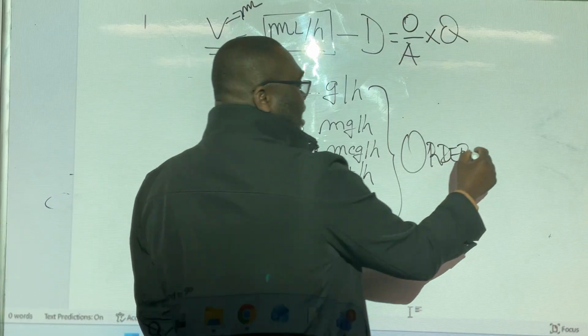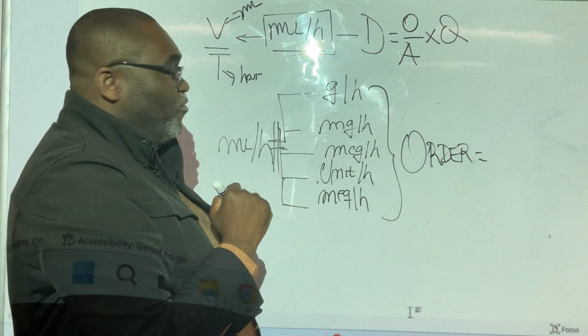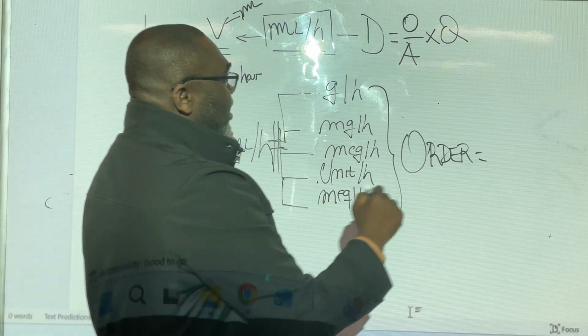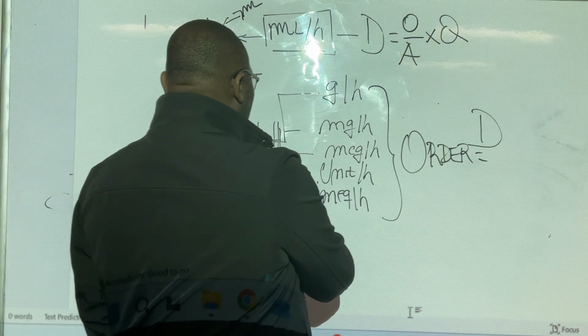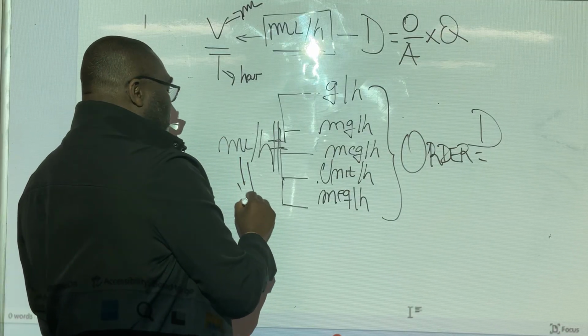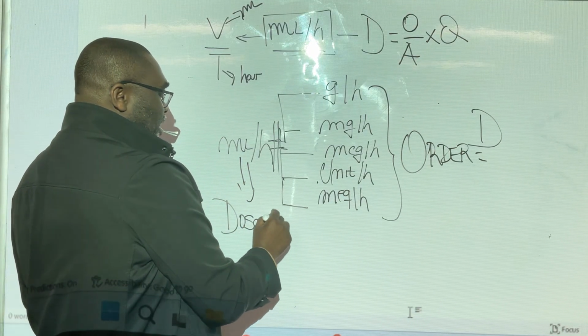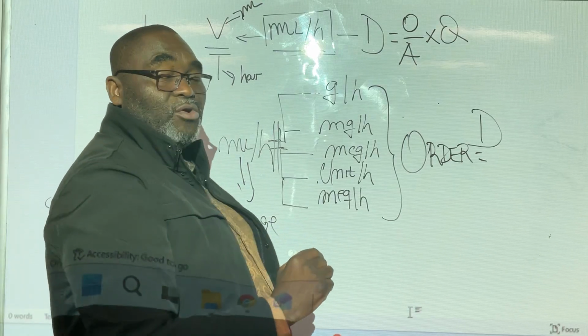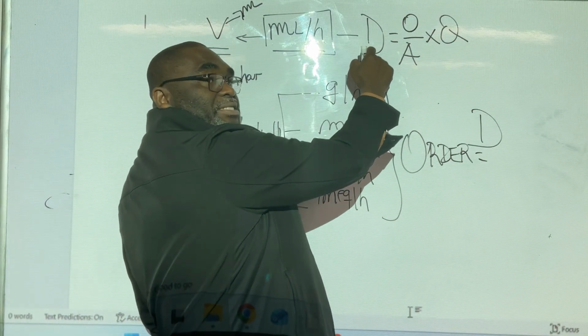Your order is different from that formula, because your order is dosage. Remember, we say your dosage is milliliter per hour, so we can call this dosage. That's why whenever we are looking for milliliter per hour, we are using a dosage formula.